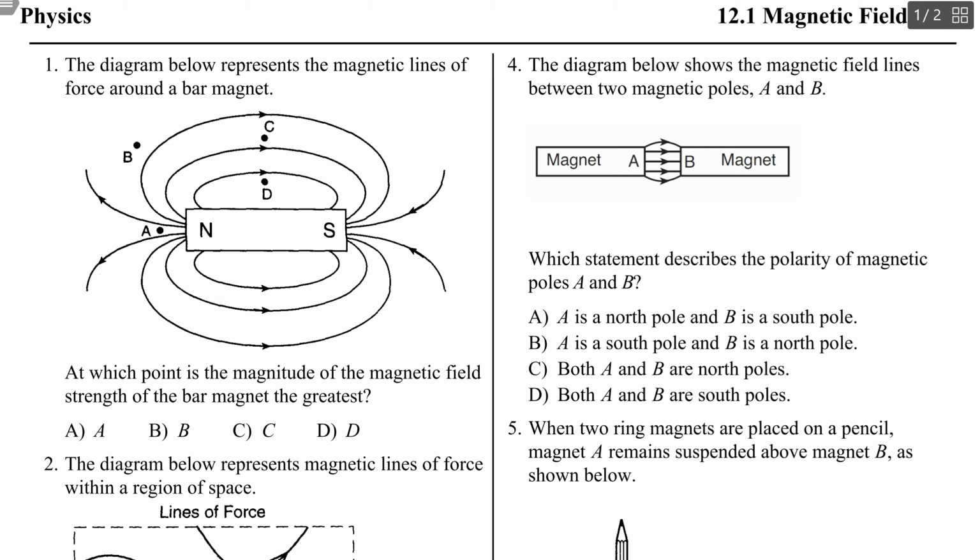So basically, the whole thing arose because people don't know how to do art. All right, so you're looking for where the lines are the closest. We're going to say A. The lines are closest right here. And by definition, for bar magnets, you could remember the field is strongest near the poles on either side. That's something else you could remember.